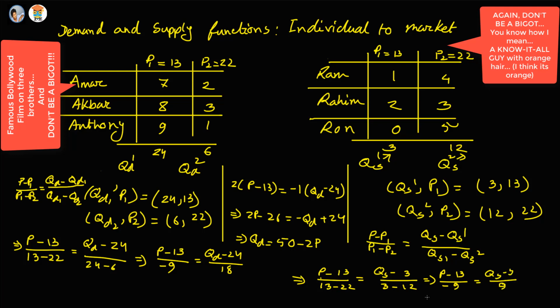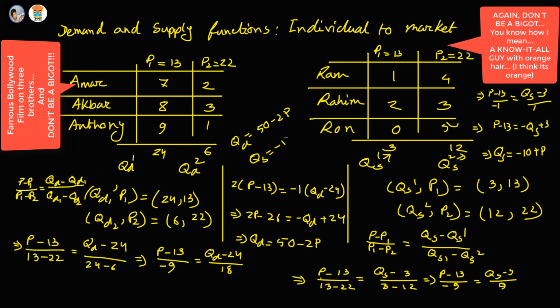Therefore we can have P minus 13 divided by minus 1 is equal to QS minus 3 divided by 1. Therefore we have P minus 13 is equal to minus QS plus 3, or we can write QS is equal to minus 10 plus P. Therefore we have the market demand function QD is equal to 50 minus twice P, and the market supply function QS is equal to minus 10 plus P.